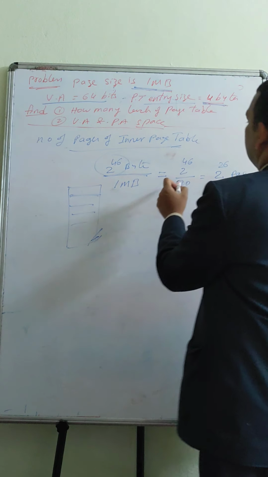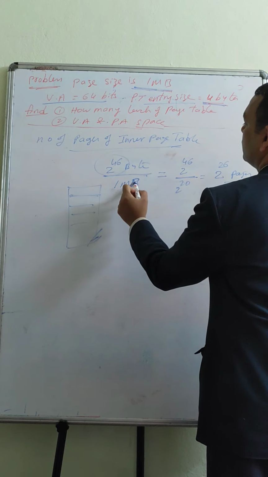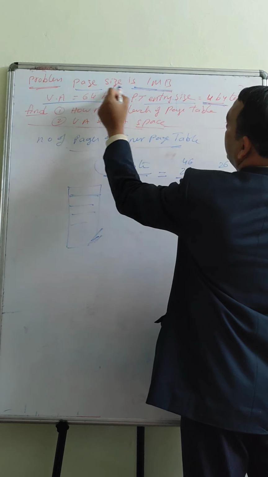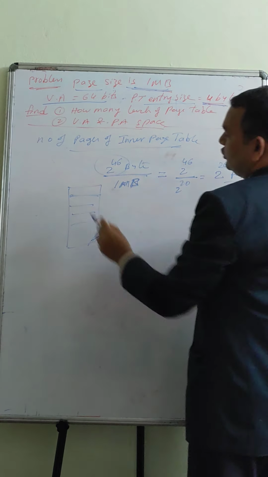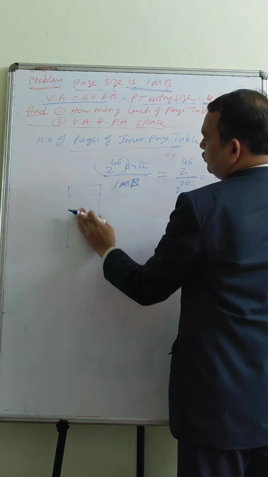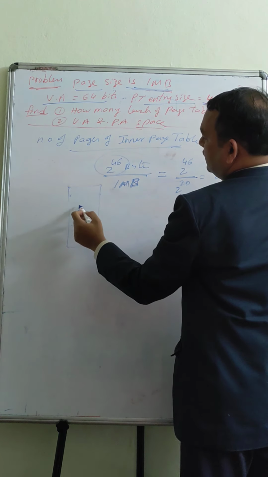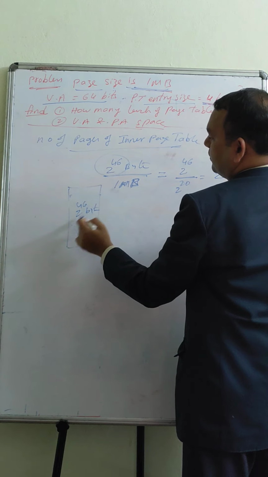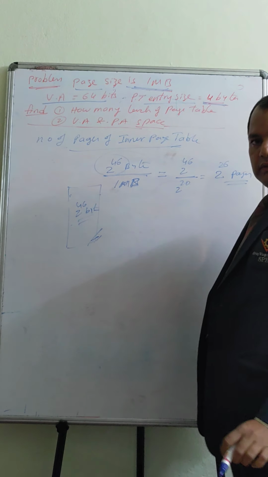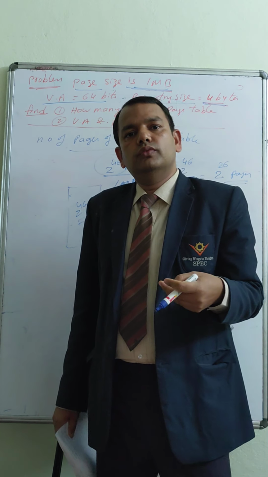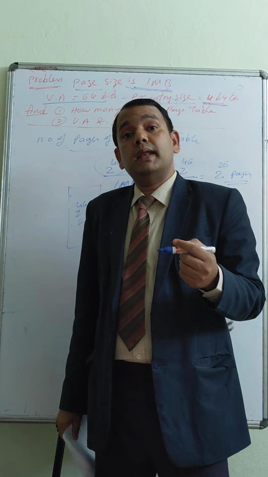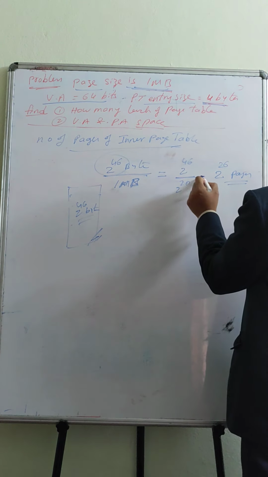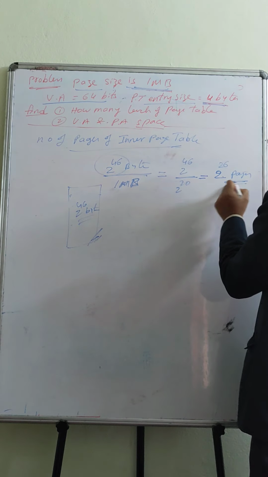That's what we did here. Why do we divide by 1 MB? Because 1 MB is the size of a single page. If you divide by 1 MB, we get how many such pages are available. By doing so, we got 2 power 26 pages.